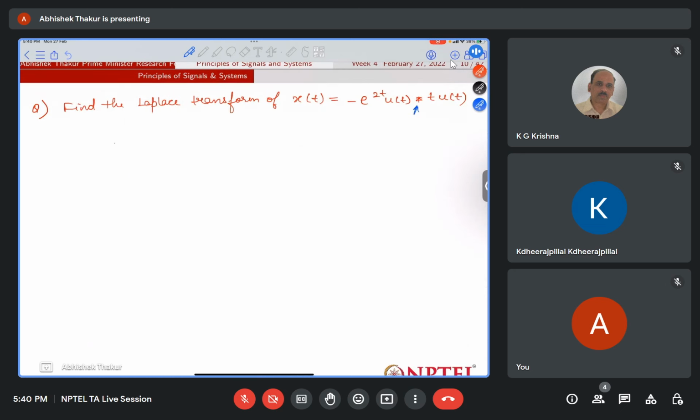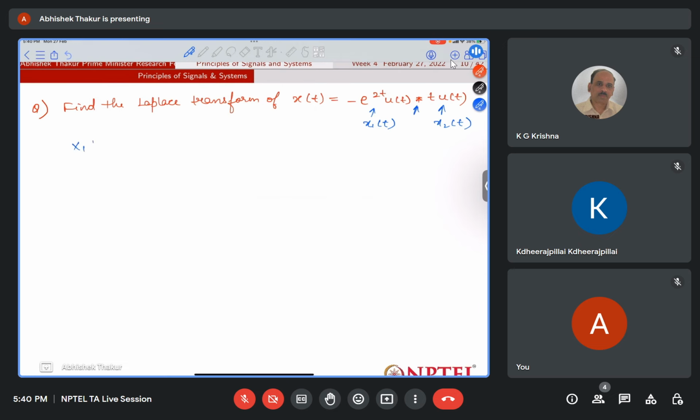So now let's suppose this is our x1(t) and this is x2(t). So it is simply x1(t) convolution with x2(t). We can find the Laplace transform of this. First, we'll find the Laplace transform of both the signals individually and we'll just multiply them. That will be the Laplace transform of x(t).